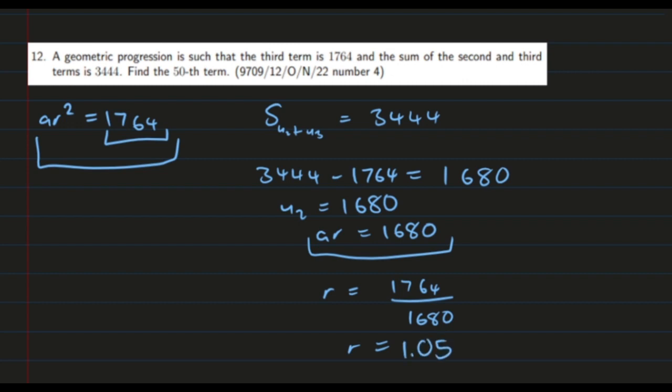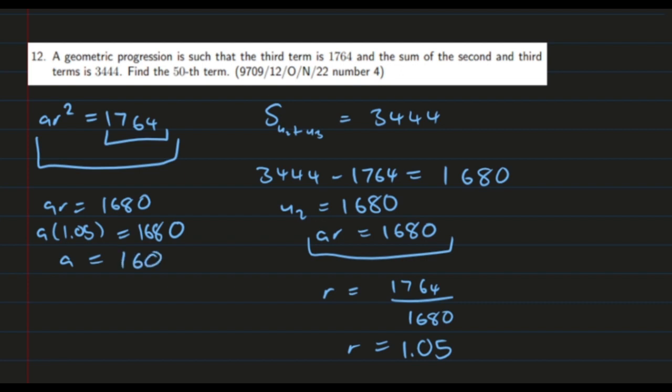Then we need to find a. We have ar equal to 1680, so a times 1.05 is equal to 1680. Divide both sides by 1.05, so that's 1680 divided by 1.05.